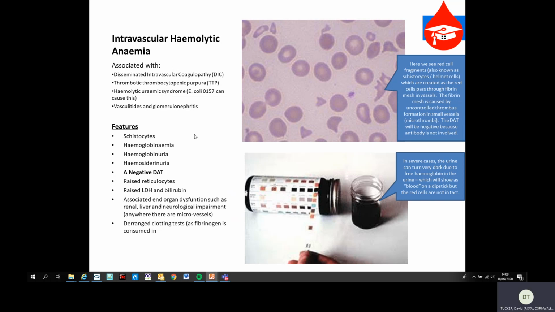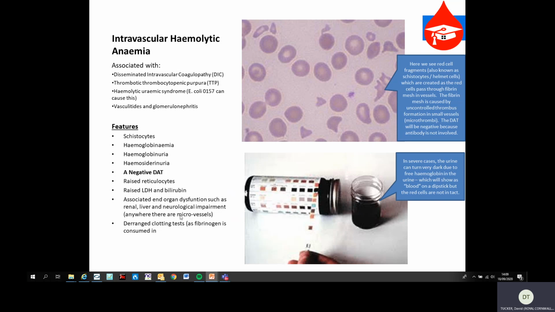And the features, as we've already described, are these fragments, the presence of free hemoglobin in the blood and in the urine. So if you dip the urine, you'll often just come up positive for blood, but it's not blood cells you're detecting, it's free hemoglobin. A negative direct antiglobulin test, raised reticulocytes because they're trying to compensate, raised LDH and bilirubin, and end organ dysfunction because of the presence of these fibrin mesh and microthrombi in small vessels.